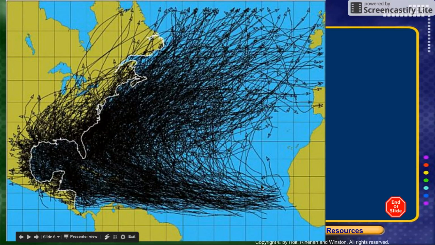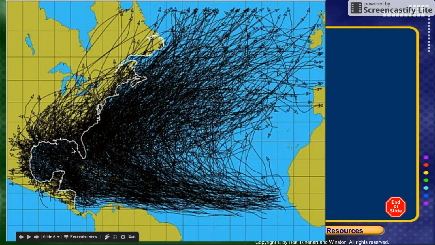And these are the paths of all the hurricanes in the Atlantic Ocean since we've been recording them. You'll notice that hurricanes go all over the place. However, there are patterns. Generally, a lot of them start near the equator off the coast of Africa. They tend to drift west as they follow the trade winds, which blow from Africa to the Americas. Eventually, they kind of start drifting north.